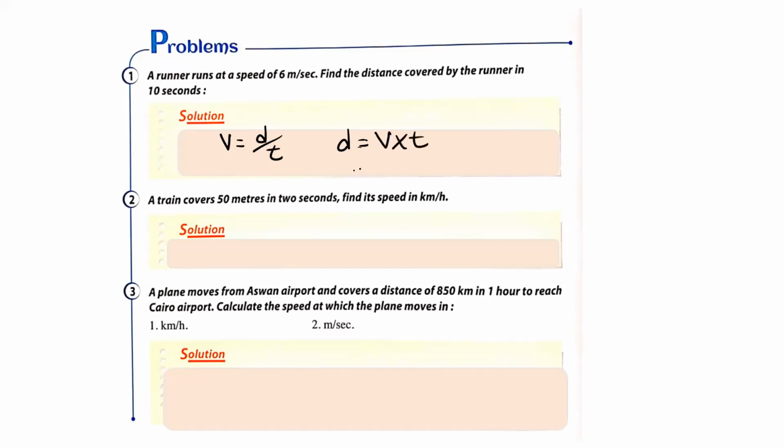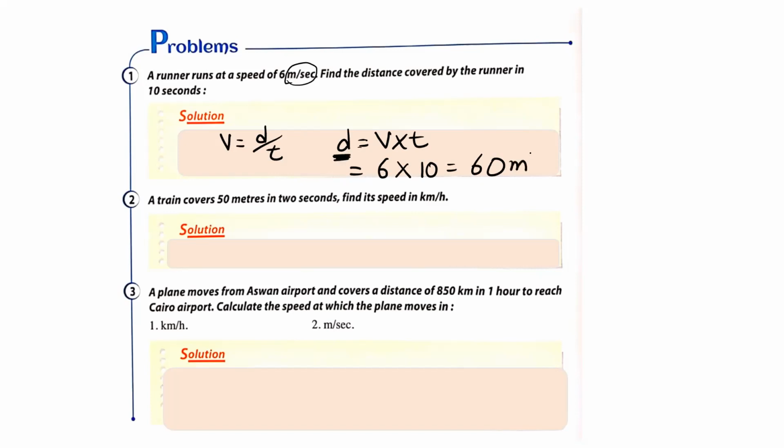Very good. So it will be the speed 6 times 10, equal 60 what? 60 meters. Meter per second is the unit for speed, but for distance, meter.